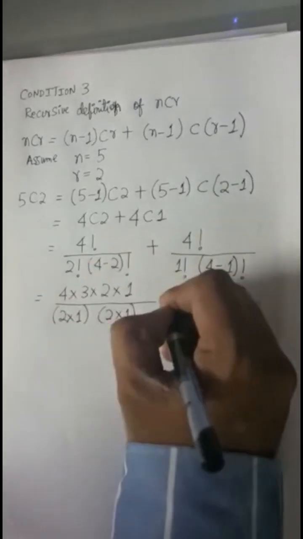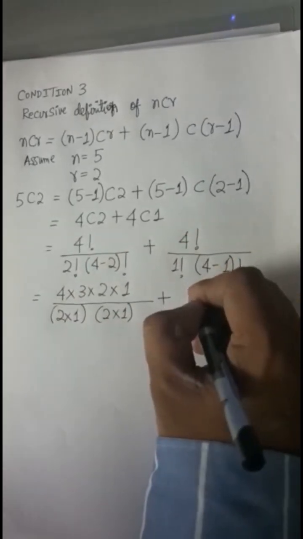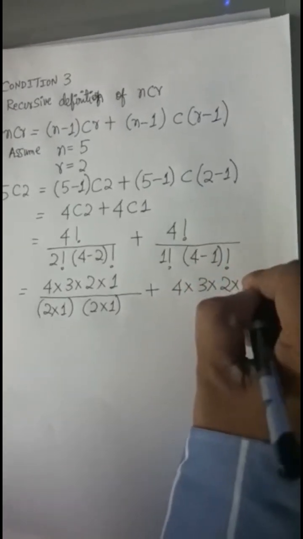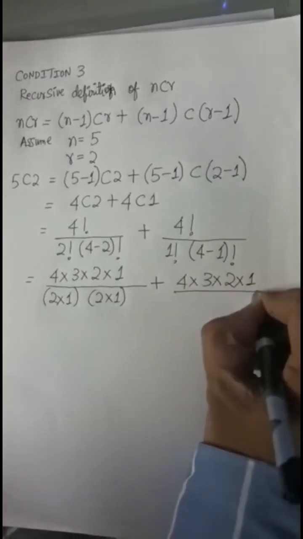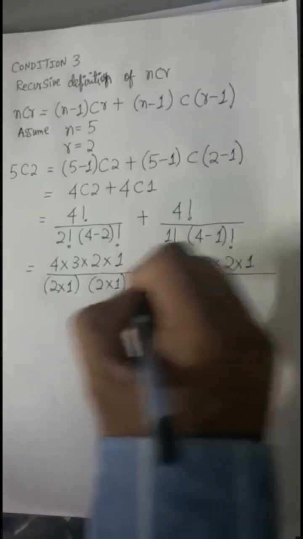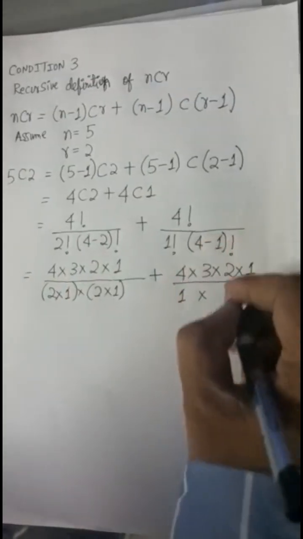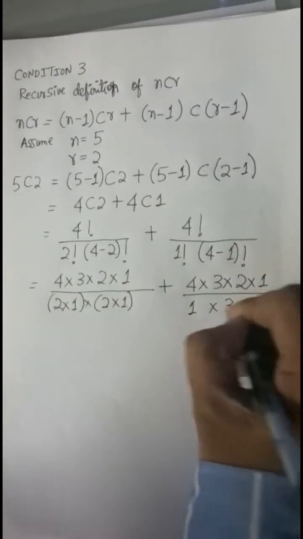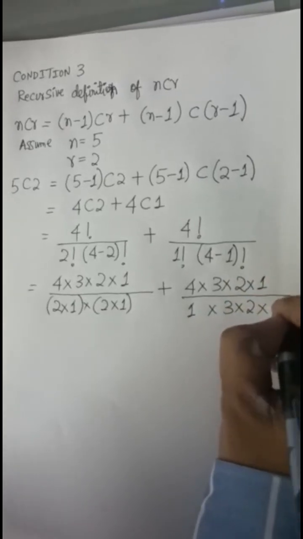So if I compute this, first I will calculate this also. 4 factorial will be 4 into 3 into 2 into 1 divided by 1 factorial, which is nothing but 1, into 4 minus 1 factorial, which will be 3 factorial. 3 factorial, how are we going to write? 3 into 2 into 1.